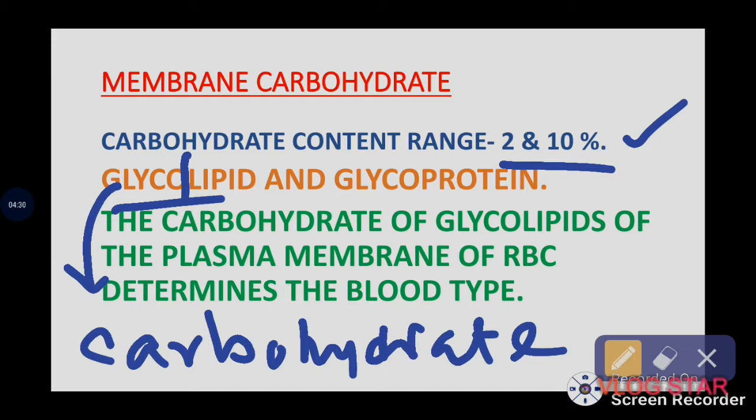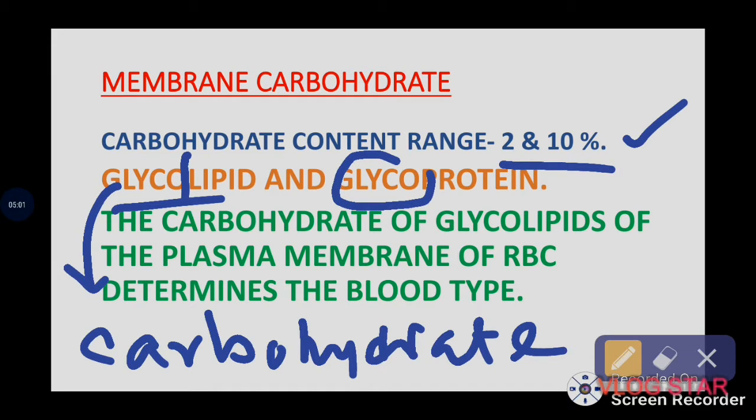Oligo means few and saccharide means sugar, so a few sugar units are present in a chain, and that's why we call it an oligosaccharide. So these carbohydrate moieties are oligosaccharide chains in actuality, and they are about a 15-unit chain. Then glycoprotein, and likewise glyco means carbohydrate.